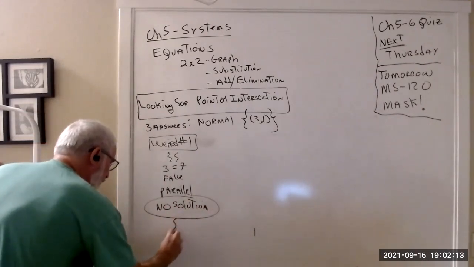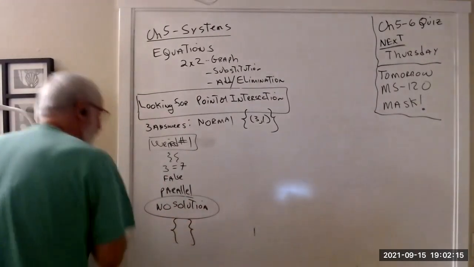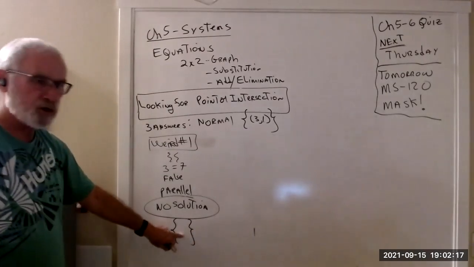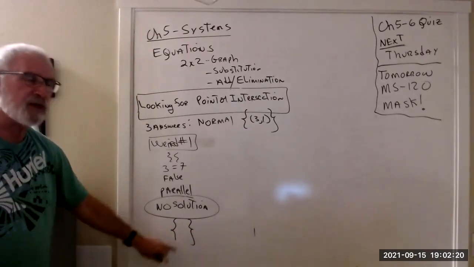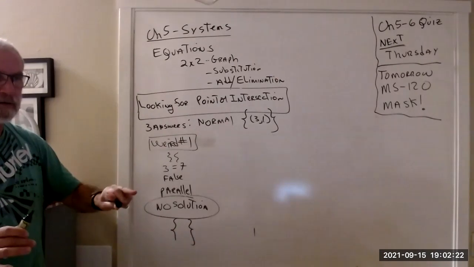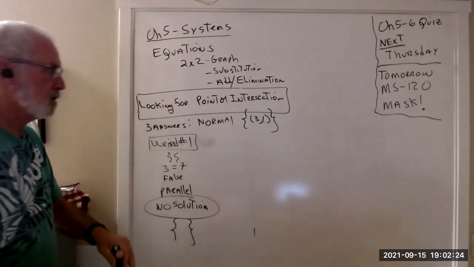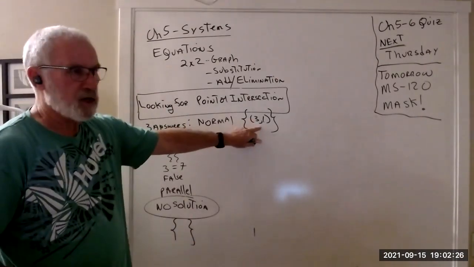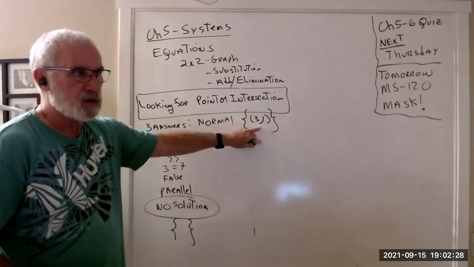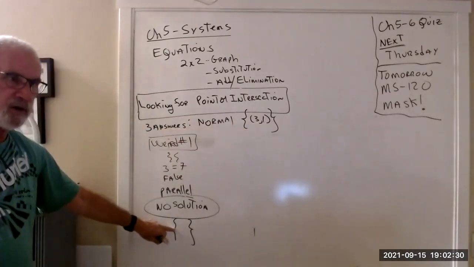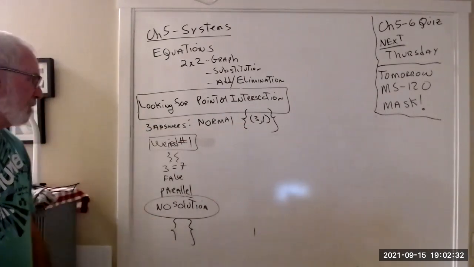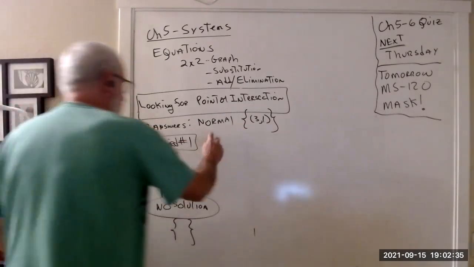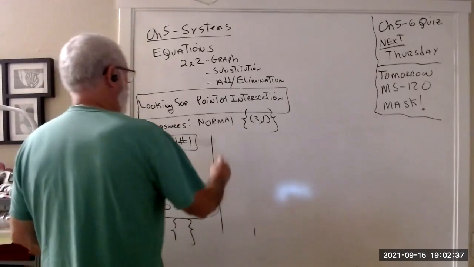Or I prefer, but won't nick you on it, the solution that has nothing in it, because they don't cross. This says they cross and hit at that point. This says they don't cross anywhere. But anyways, that's weird number one.